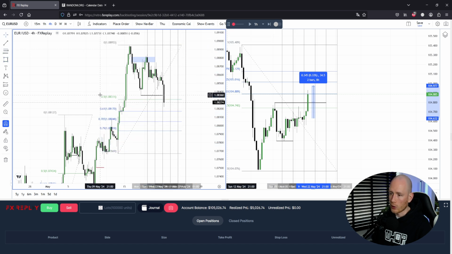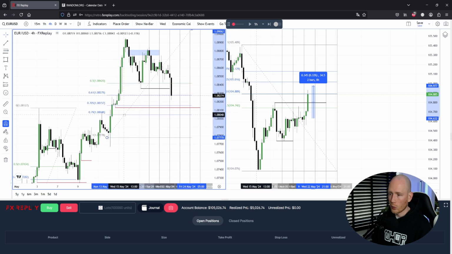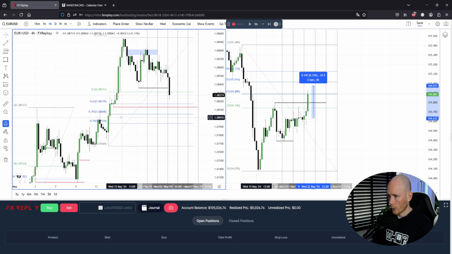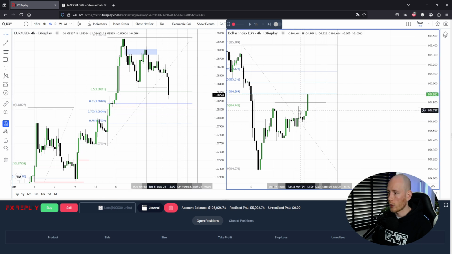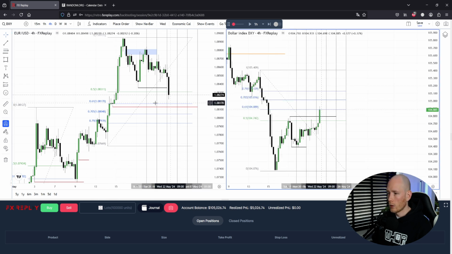And now I can actually see a low, which makes a little bit more sense. This low down here, right? Is there a key level below it? Yes, we have a fair value gap here. Let's look at DXY 4 hour. This low, this high up here.